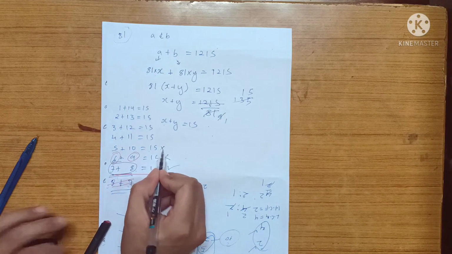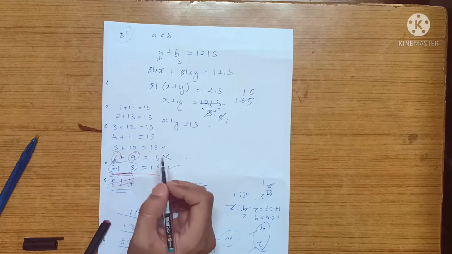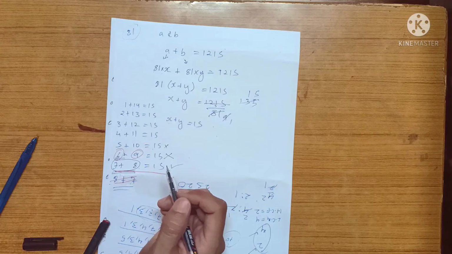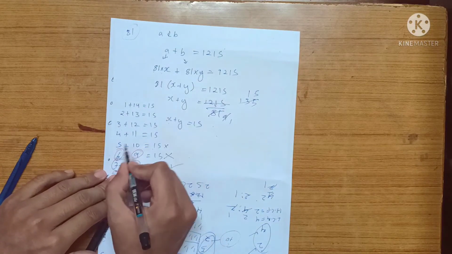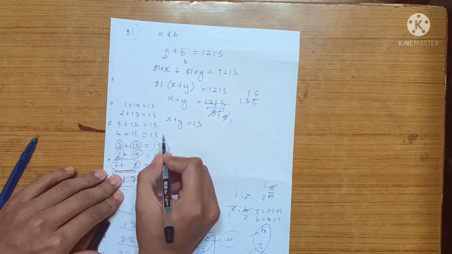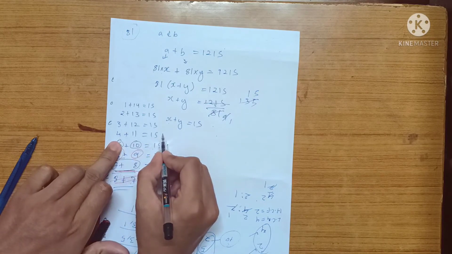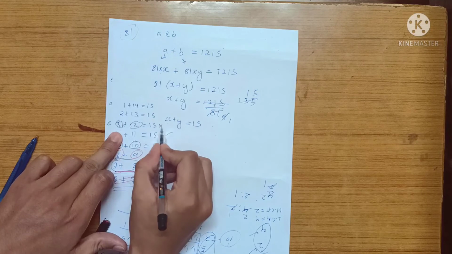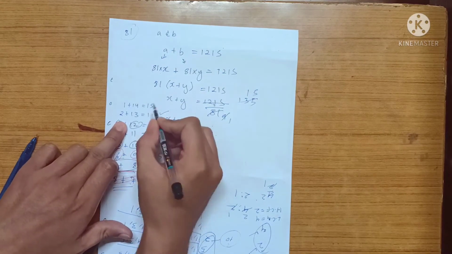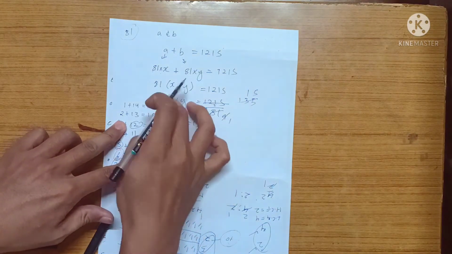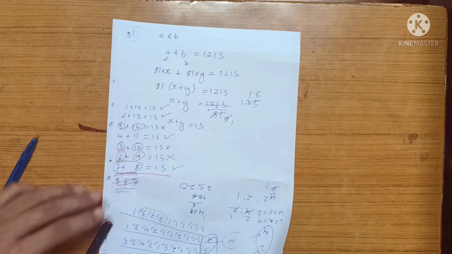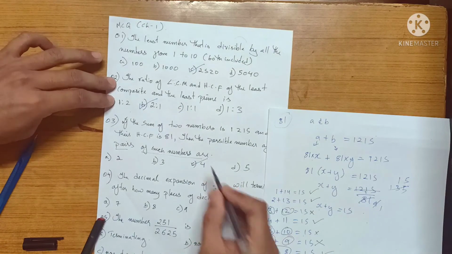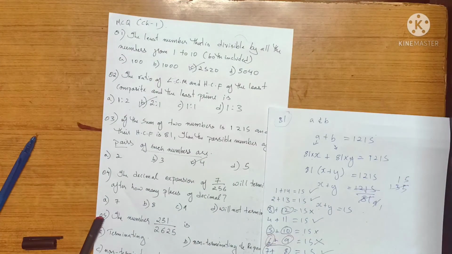This also has 5 as a common factor, we cannot take that. 4 and 11 have no common factor, we can take this. 3 is a common factor, we cannot take that. We can take this. So 1, 2, 3, 4. There are 4 possible outcomes.